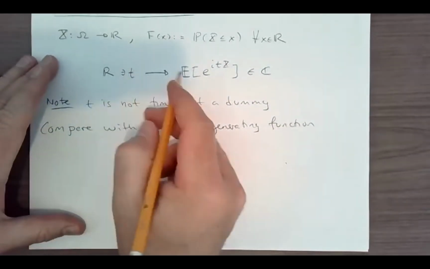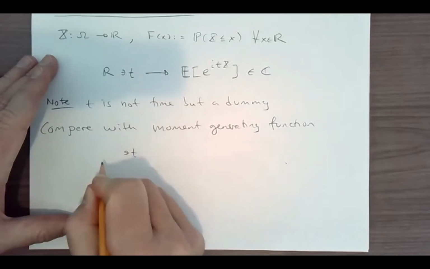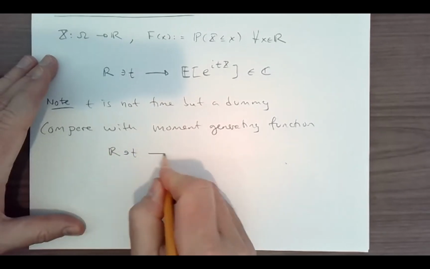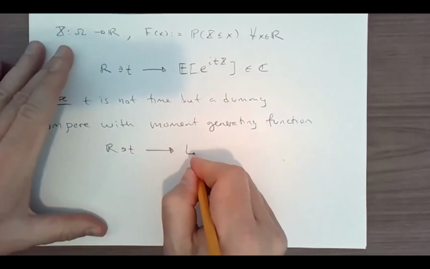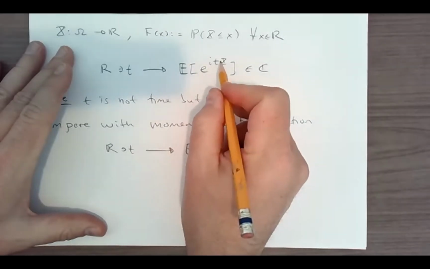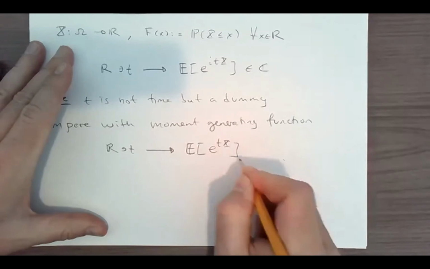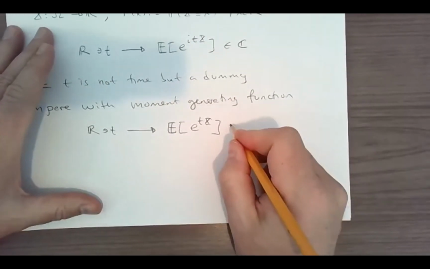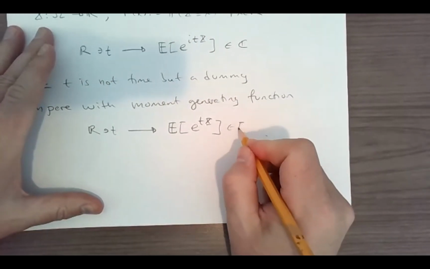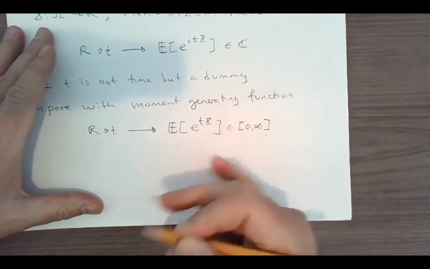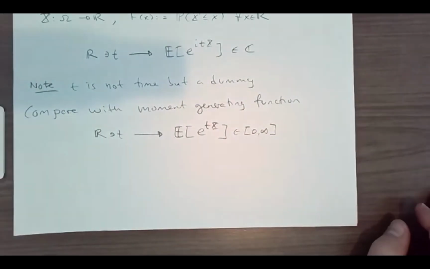This is a similar map. You take a t inside R, and instead of e^(itX), you write e^(tX). And this number is between 0 and infinity, it could be infinity.